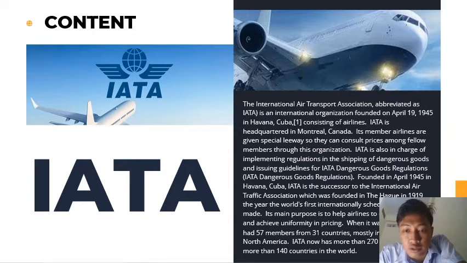IATA is headquartered in Montreal, Canada. Its member airlines are given special leeway to consult on prices among fellow members through this organization.